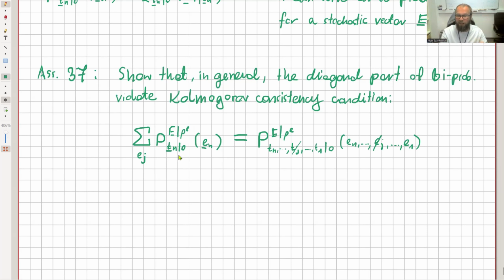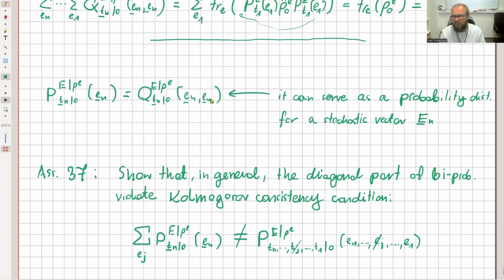In other words, if the consistency holds, then those probabilities represent a sampling of a stochastic process. If they don't, and this is what we're supposed to show, that this is in general not satisfied for diagonal parts of biprobabilities, then those are just some collection of multi-time probability distributions, and those sequences cannot be treated as trajectories of a stochastic process.